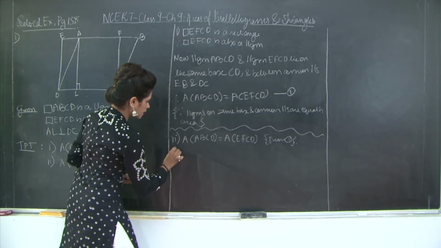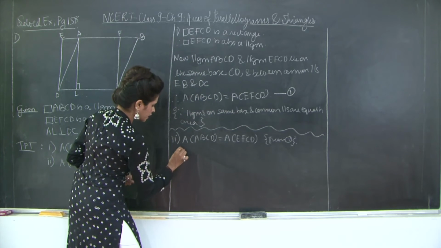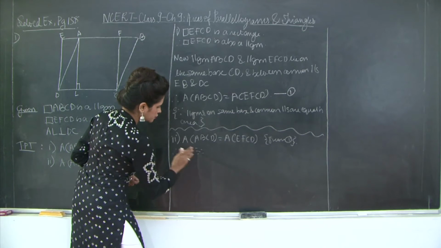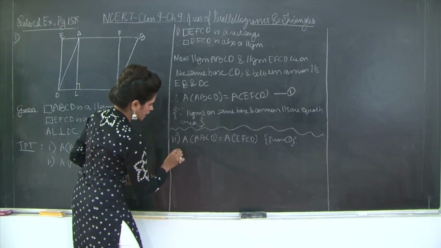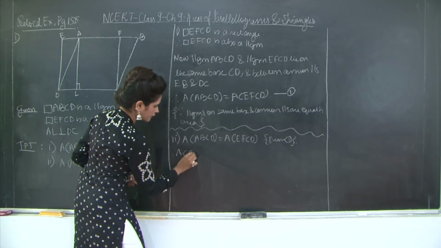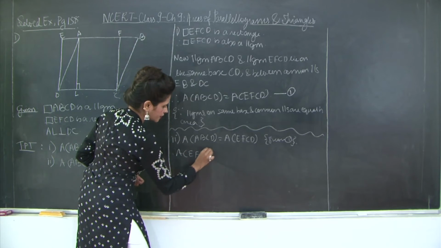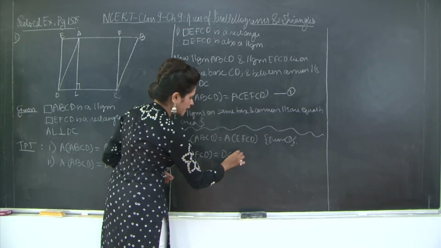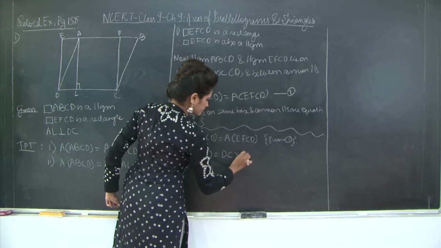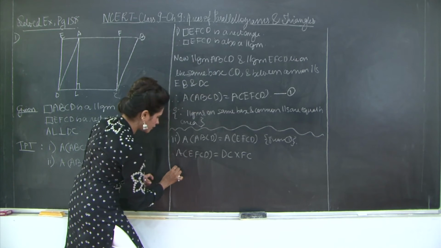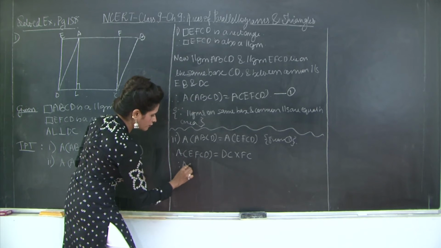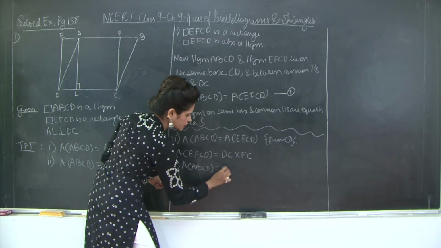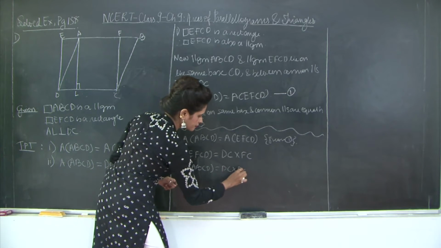Therefore, area of EFCD is DC, that is length, into breadth, which is FC. Therefore, area of ABCD is equal to DC into FC.